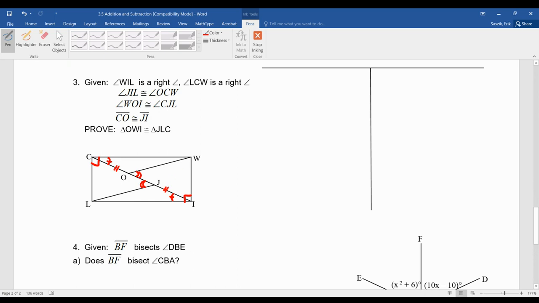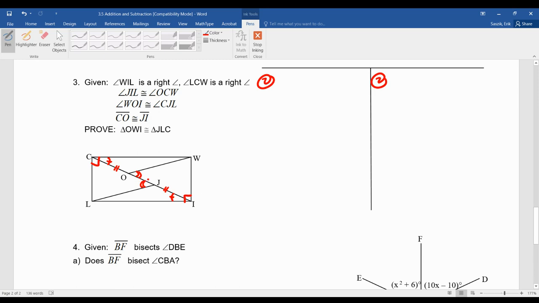Now we have to prove that these triangles on the right and left are congruent. Well, let's see. What do we got? Again, I want to catch up to my tick marks. They're telling me this is a right angle for a reason. So they didn't use perpendicularity. It's right angle, so that's good to know. But you see, looking at these triangles, I already got a pair of angles right here.